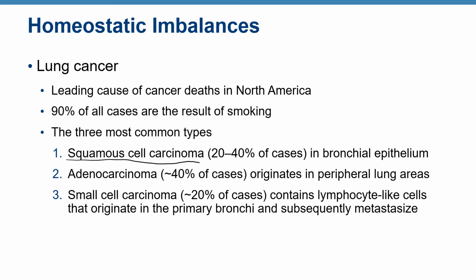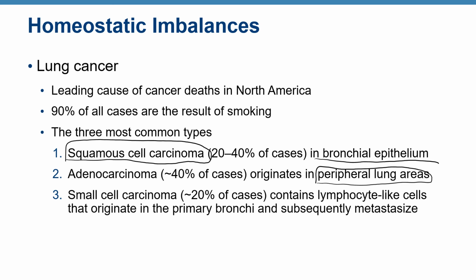Squamous cell carcinoma, the most common, right, 20 to 40%, and it starts in the bronchial epithelium. Squamous cells are epithelial cells. Adenocarcinoma, also about 40% of the cases. And adenocarcinoma starts with the cells that secrete mucus, and usually in the peripheral lung area.